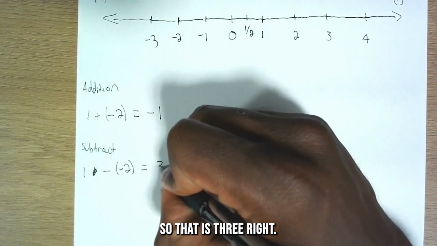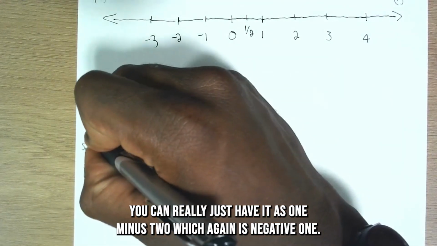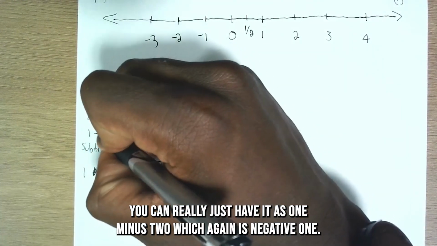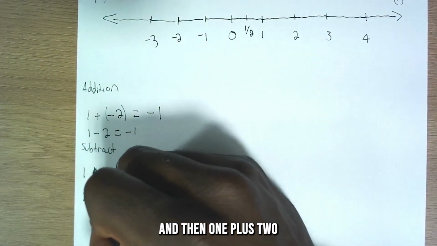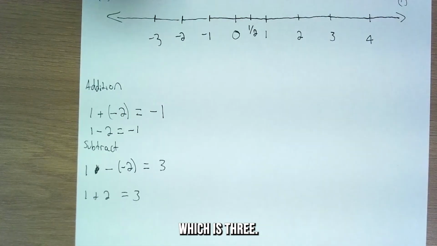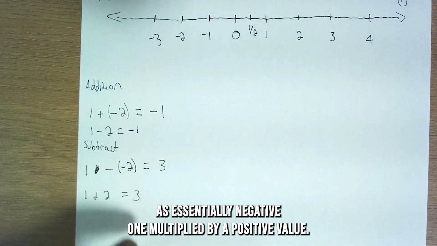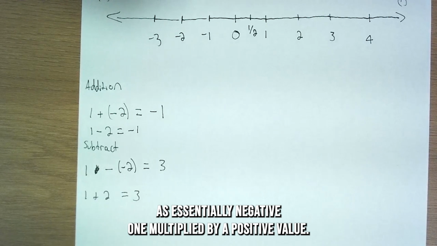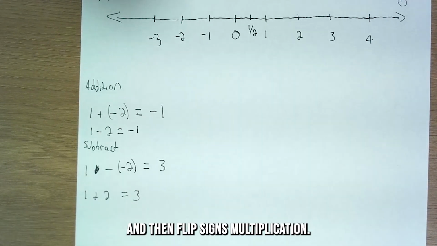So that is 3, right? And the equivalent expression for each of these, you could really just have it as 1 minus 2, which again is -1, and then 1 plus 2, which is 3. So you can think of a negative number as essentially -1 multiplied by a positive value, and then flip signs.